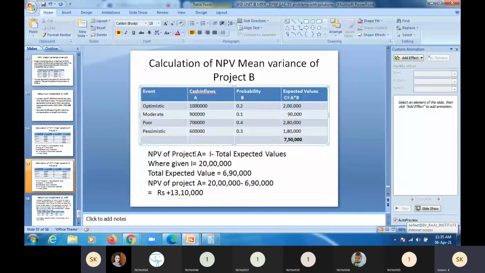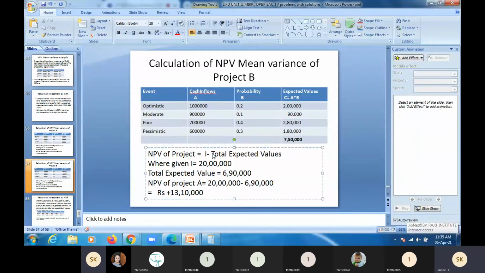So here for project B also we have the investment of the same 20 lakhs. So I am not changing that. Here the total expected value is changed, 7,50,000. So if you subtract 7,50,000 from 20 lakhs, how much will the value be remaining here?